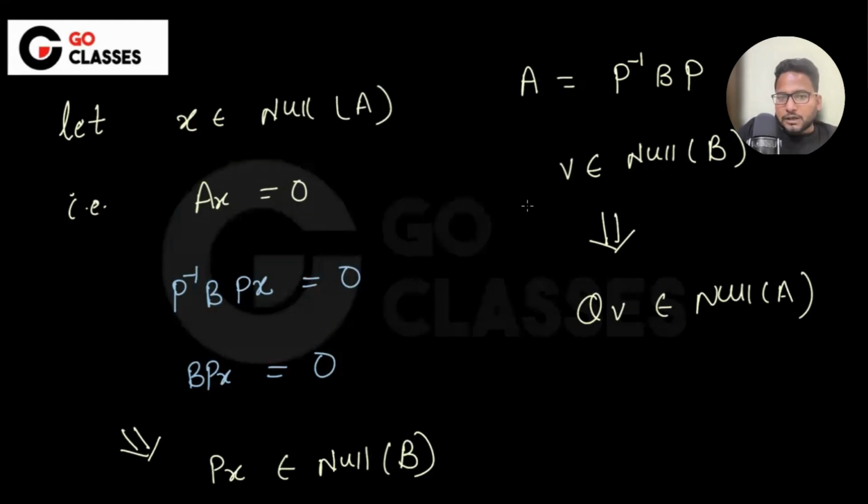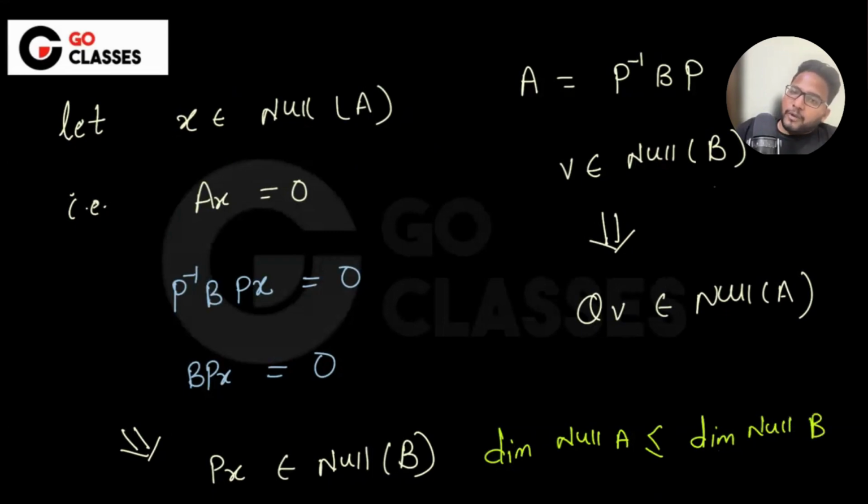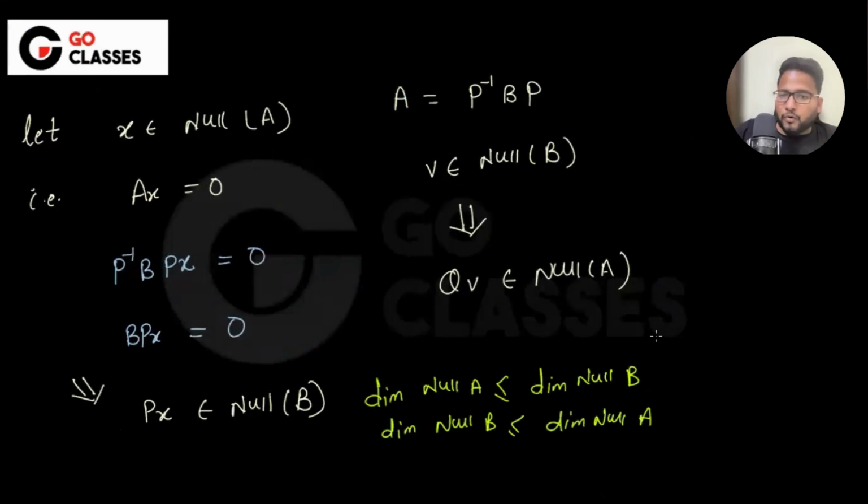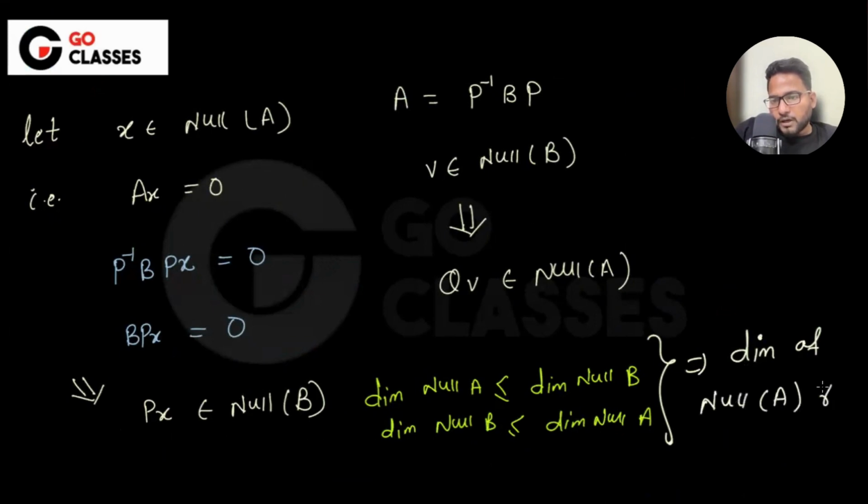So what I mean to say is that the dimensionality of the null space of A is less than or equal to the dimensionality of the null space of B. And from here, I will prove the opposite, which means the dimensionality of the null space of B is less than or equal to the dimensionality of the null space of A. From both of these, you can prove that the dimensionality of the null spaces of A and B are the same.